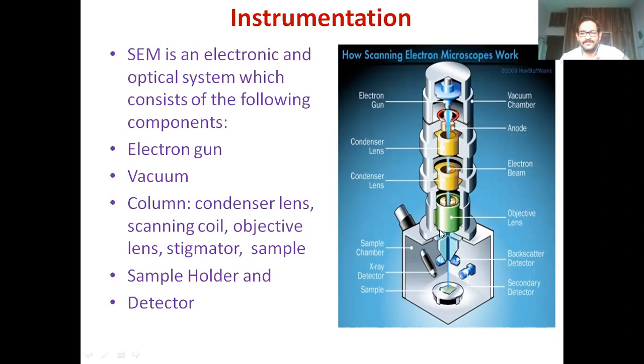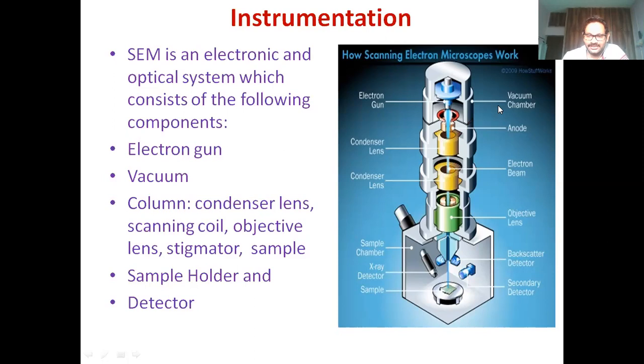Sample chamber. So why do we normally require a vacuum? Electrons are emitted from the electron gun, and if air is there, air particles can obstruct the movement of the electrons. We do not want any obstruction of these electrons, because highly accelerated electrons are normally required.